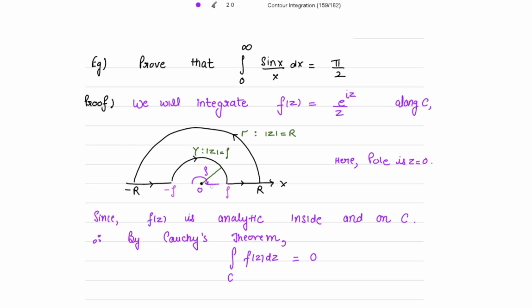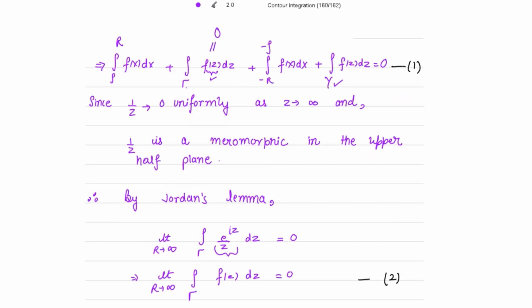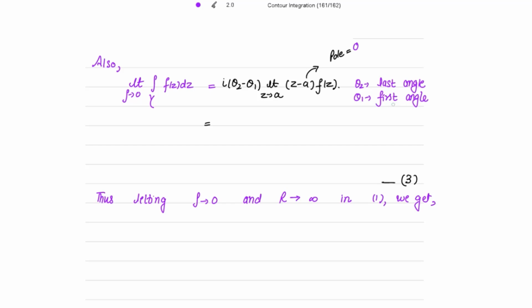So this is pi, and this angle is from 0 to pi, right? So please remember, your first angle is theta 1, which is pi, and the last angle is theta 2, which is 0.